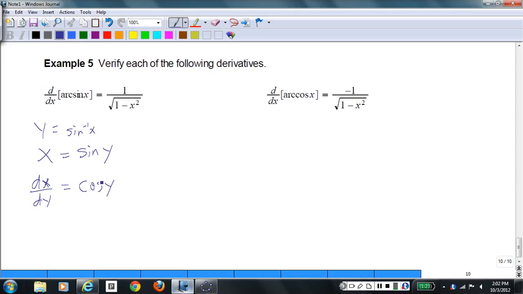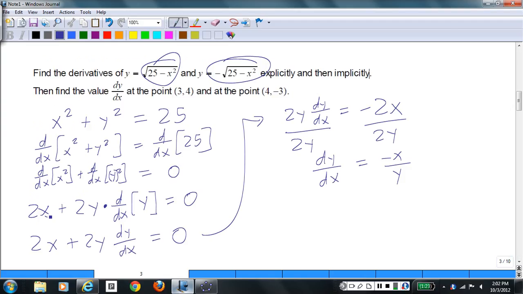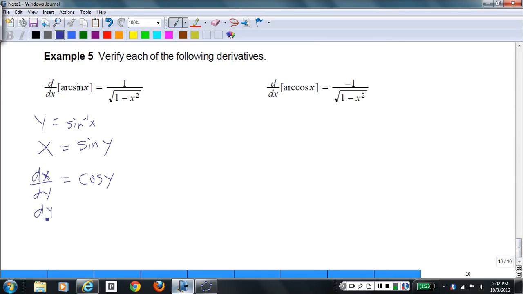And because we're differentiating with respect to y, that variable matches the variable in the argument. We don't have to multiply by d anything. It's just cosine y. But if I want dy dx, dy dx is the reciprocal of this. Dy dx is 1 over cosine y.